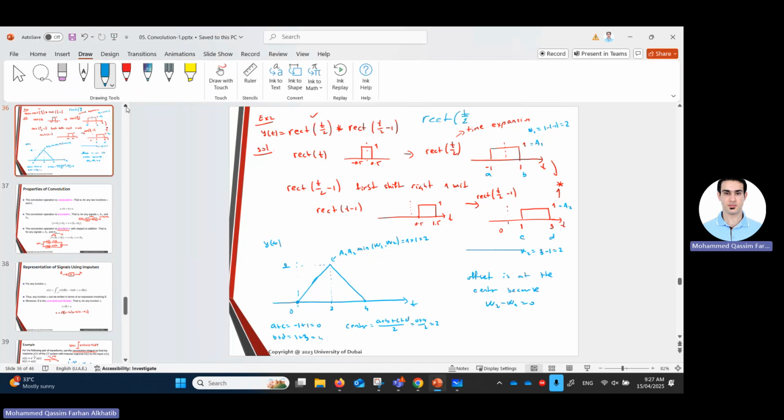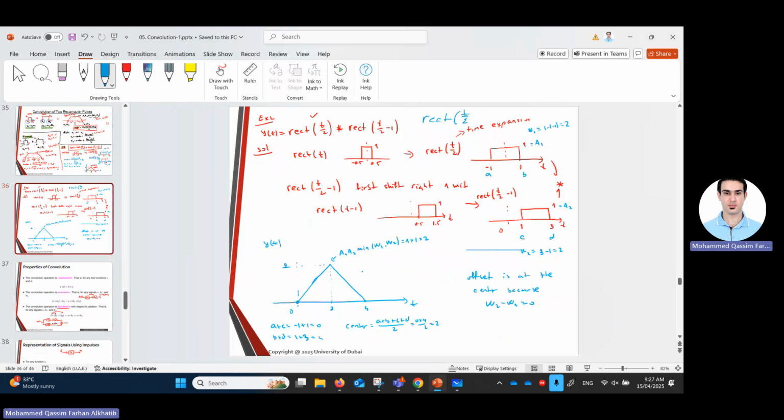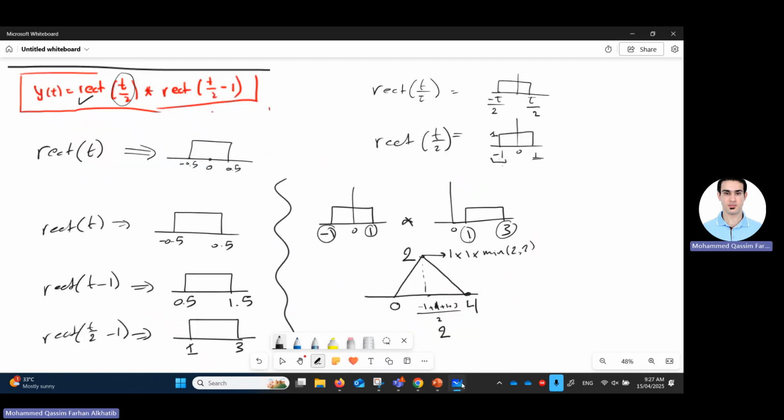All right, so this is the same exact example. This one here is the same one here. And here are the values. The amplitude is 2, it starts at 0, it ends at 4, and the maximum value at the center is at 2. Let's add another example, because this one was 2 rectangles with the same width.